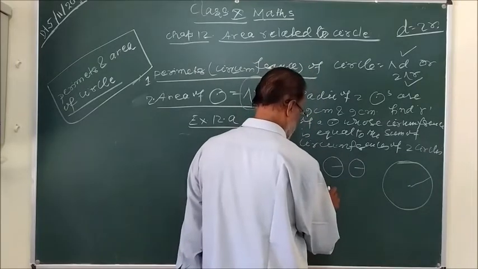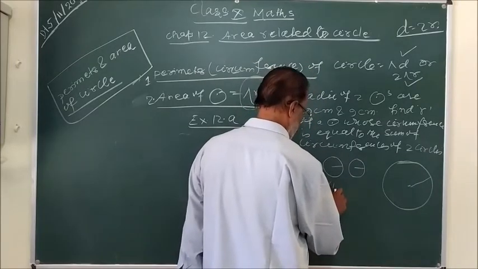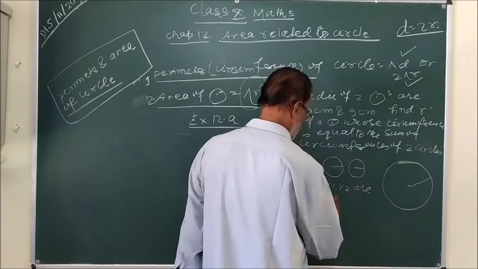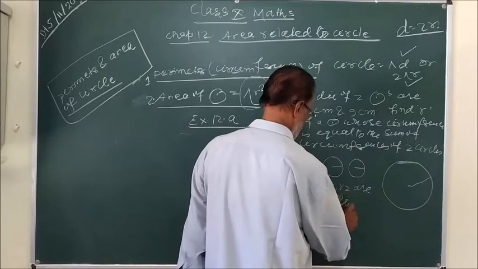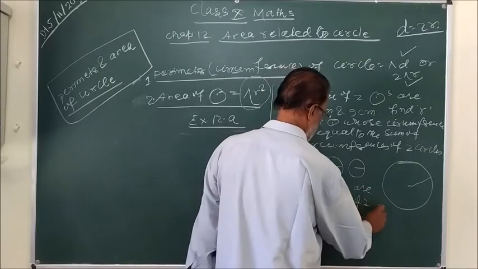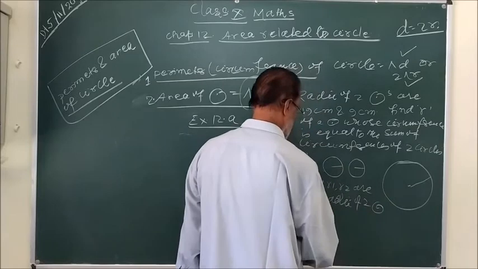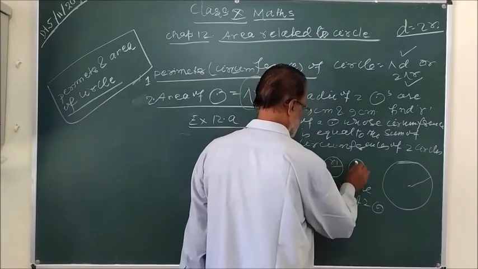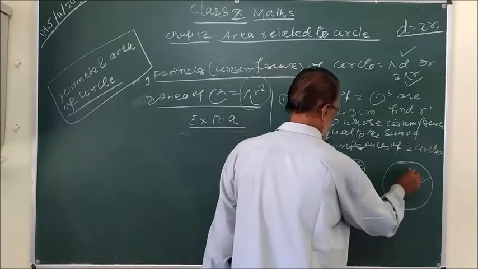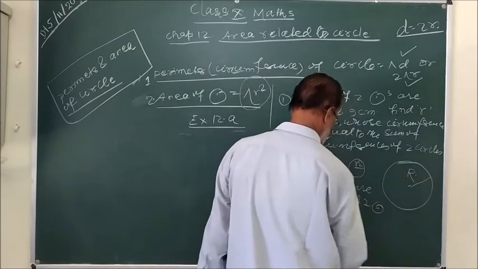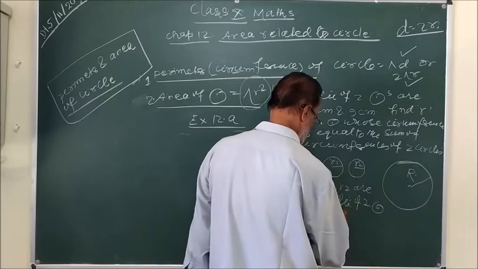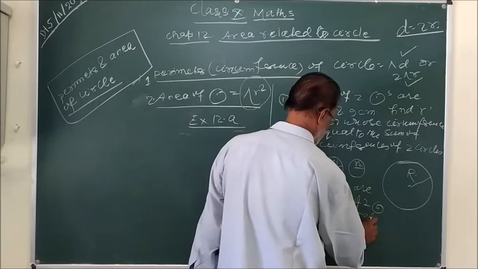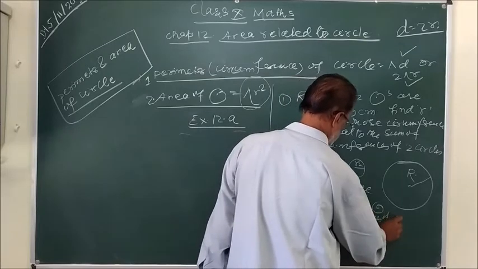Suppose R1 and R2 are the radii of the 2 circles, and capital R is the radius of the third circle.